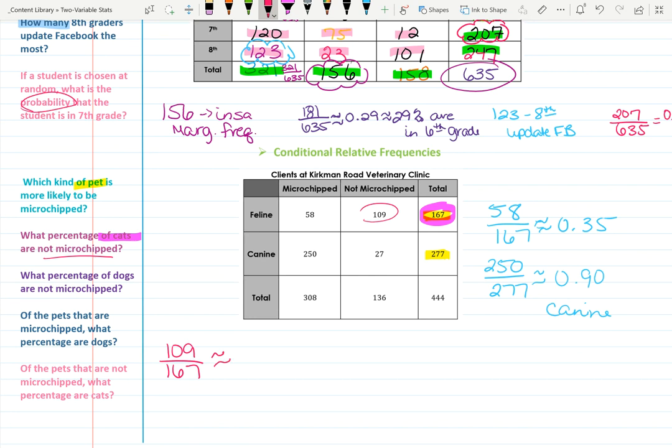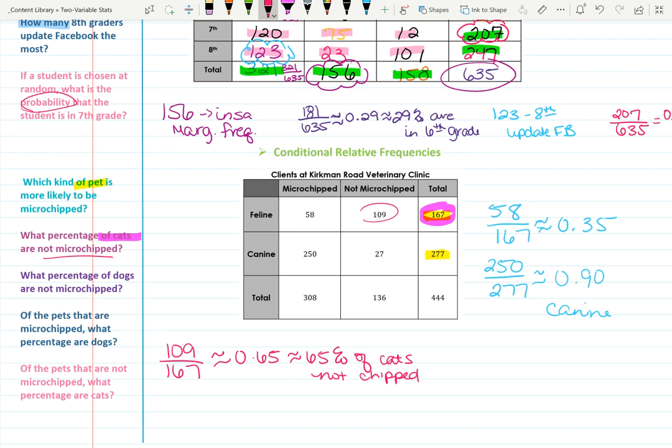Hopefully you guys are using your calculators to get practice as well. So that gives me about 0.65, so about 65% of cats are not microchipped.